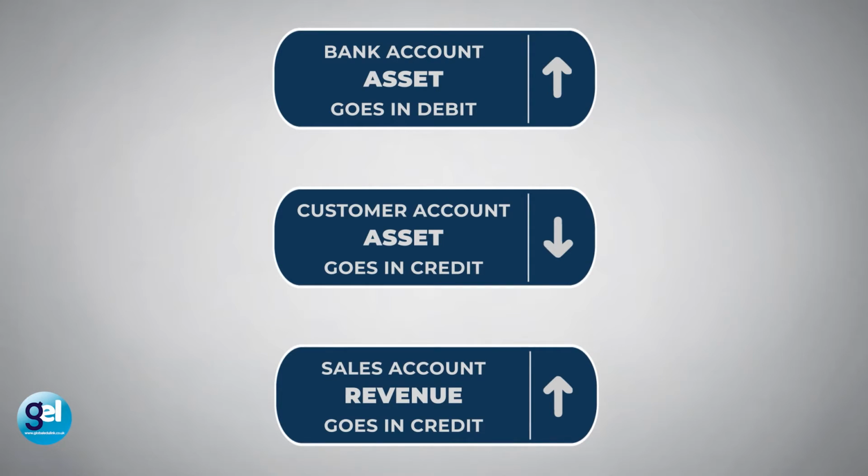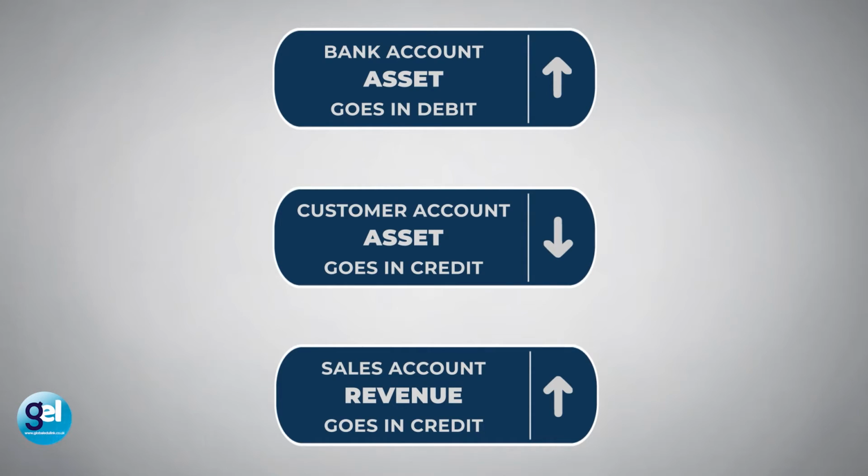But why? Say there is a customer receipt. The bank increases for the value of the receipt, so it goes in debit. The customer account decreases because they have already paid us. So for us, we've got less money that we will receive from this customer in the future.